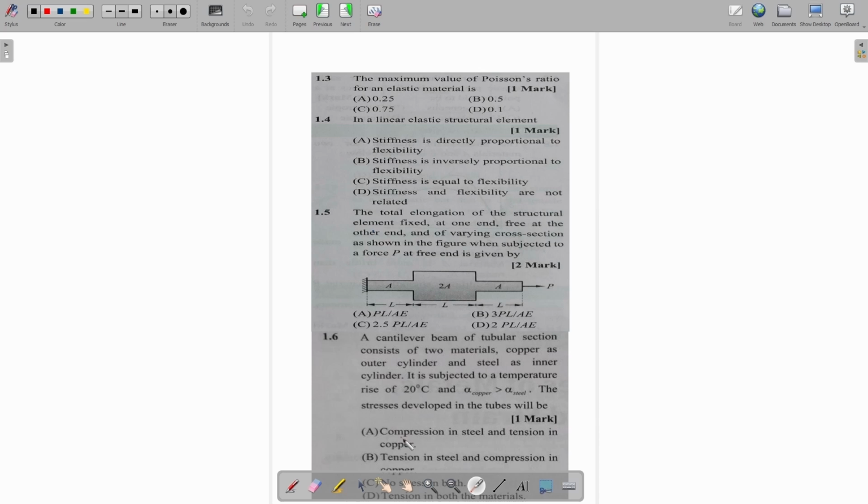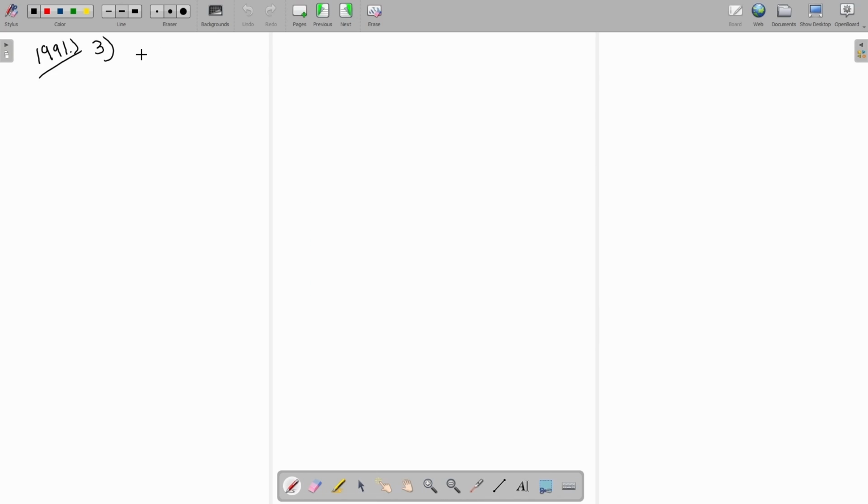Now, it is a theory based question. So, for that, first we need to understand what Poisson's ratio is. What is Poisson's ratio?